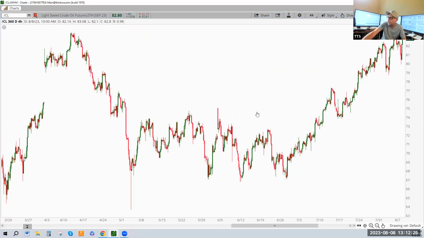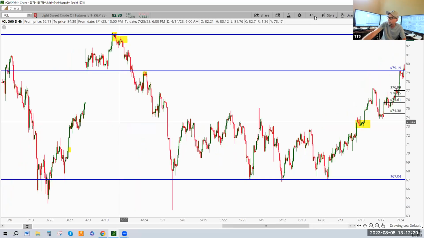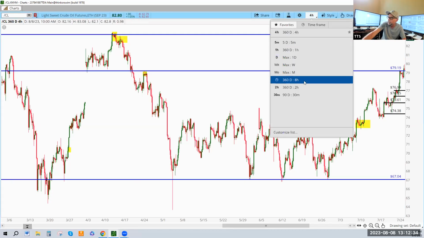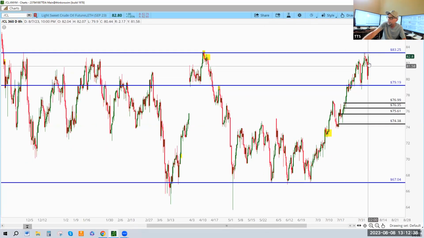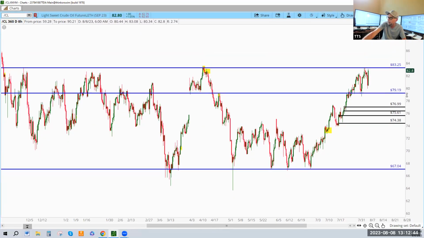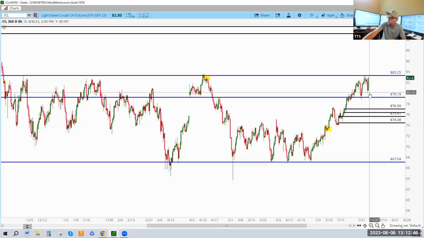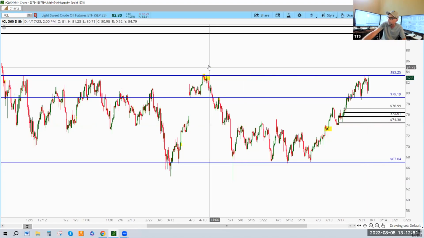Everything else, really, oil and nat gas are the ones I've been largely focused on. We've been talking about this 83 level on oil. It still has not been able to break out, but it seems to be hanging up here, which indicates to me that it's probably poised for a breakout. Every pullback, you notice buyers keep coming in on one hand, but on the other hand, it still hasn't been able to actually cross the line here.